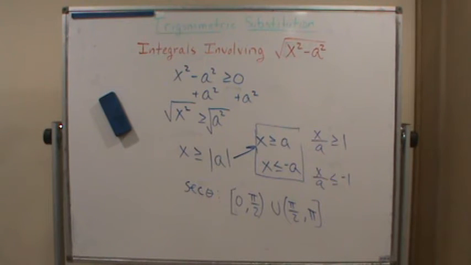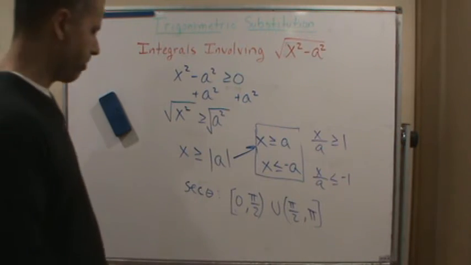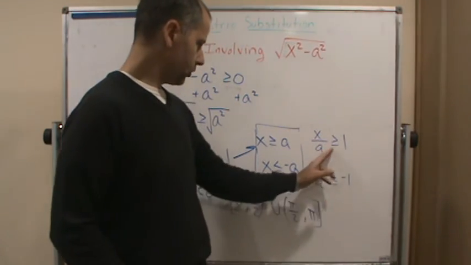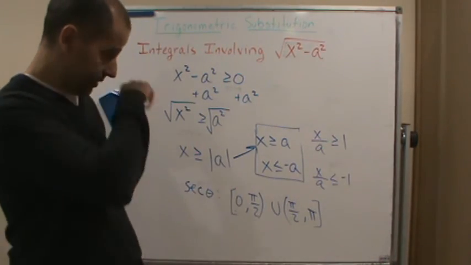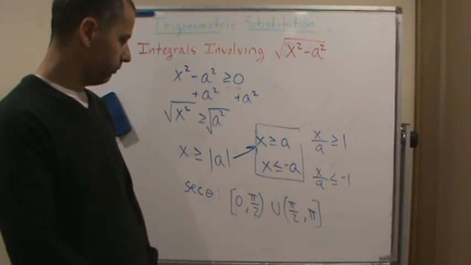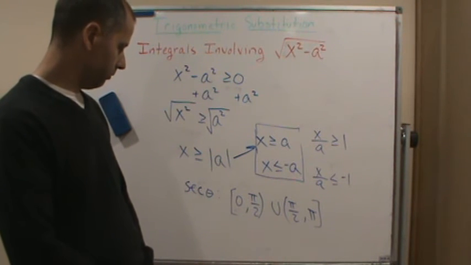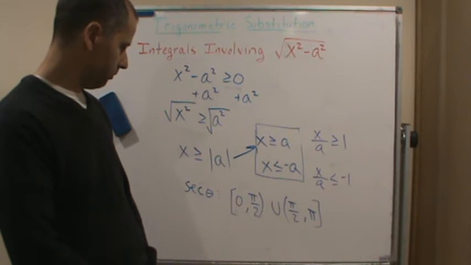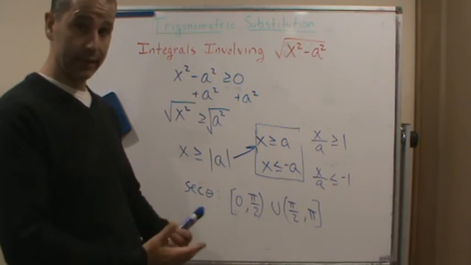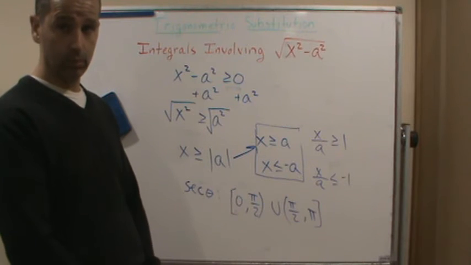It makes sense to use the substitution secant theta equal to x over a, because there's going to be a correspondence here. So that leads us to our substitution.